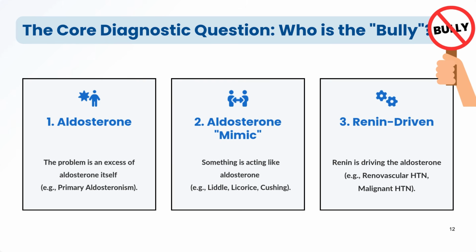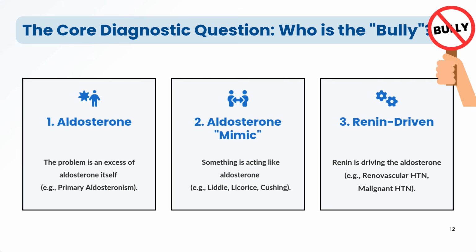And number three, renin-driven disease. This is where renin is really the bully, driving aldosterone up secondarily. Think of renovascular hypertension, renin-secreting tumors, or even malignant hypertension, as we mentioned before, pushing the RAAS pathway into overdrive.